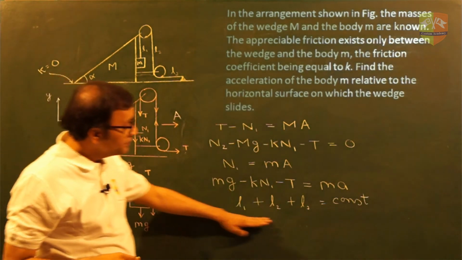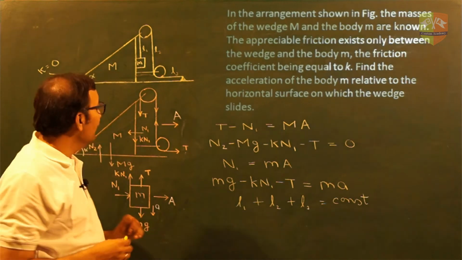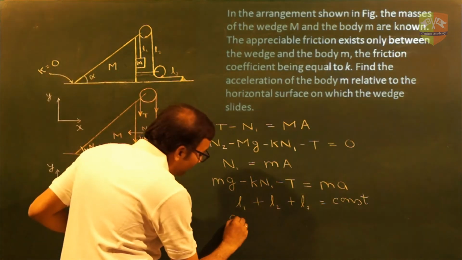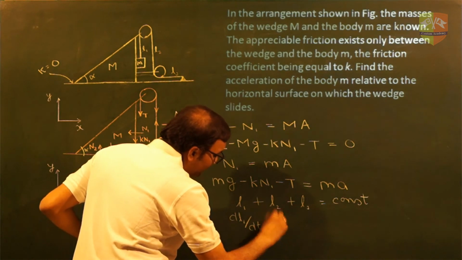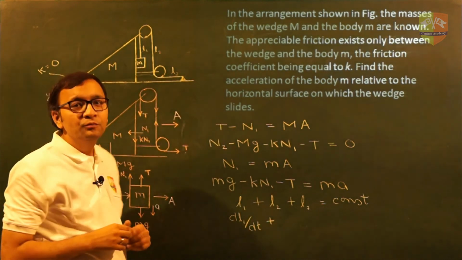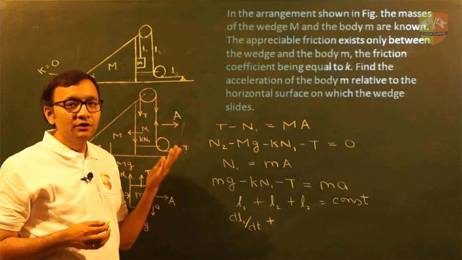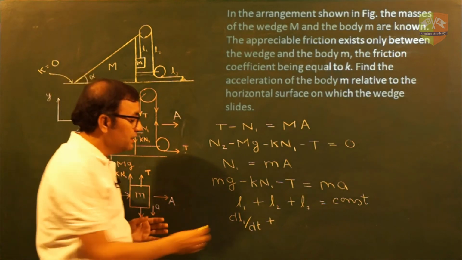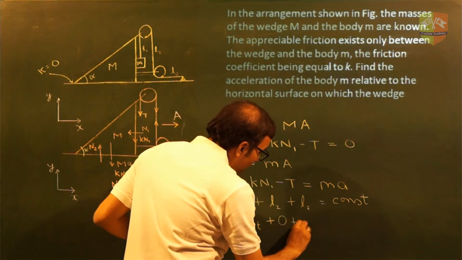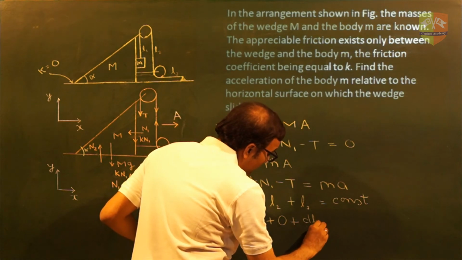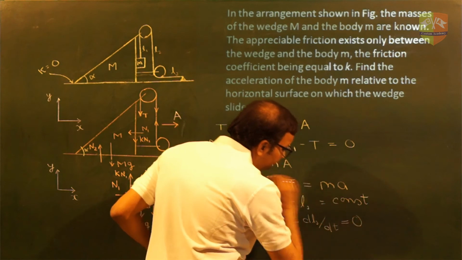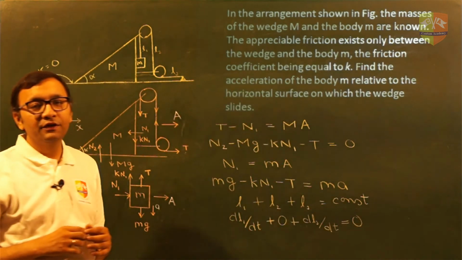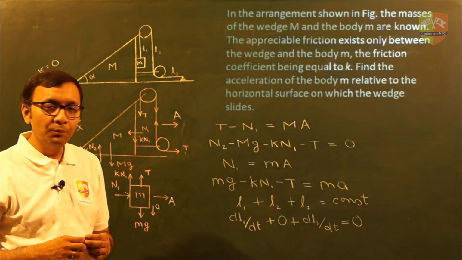And if we differentiate this equation, what will I get? Rate of change of L1 plus the rate of change of L2, which is 0 because L2 doesn't change, its length is fixed, plus dL3 by dt is equal to 0. The rate of change of a constant is also 0, right?